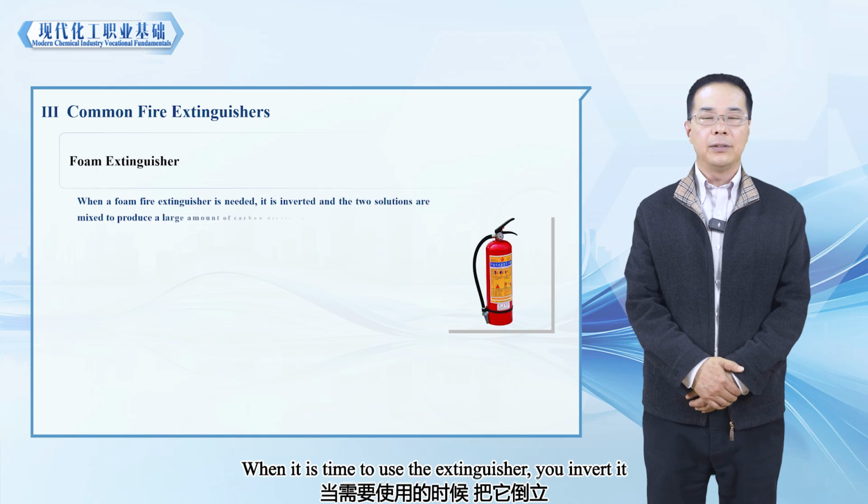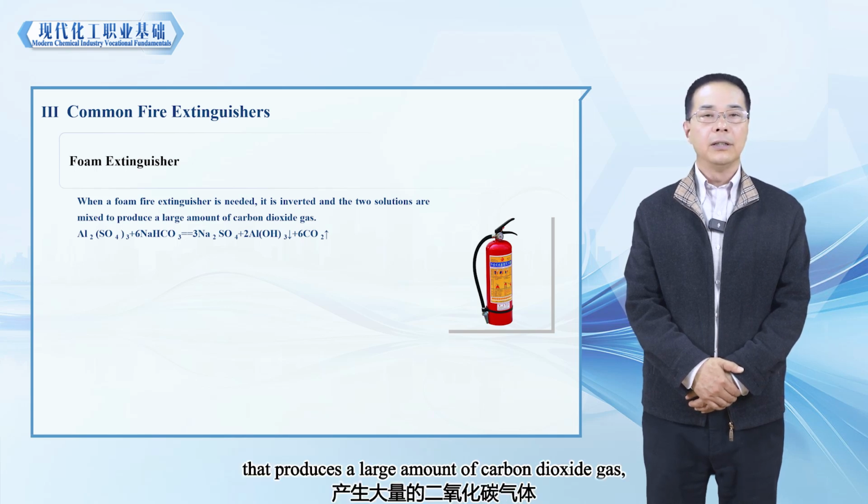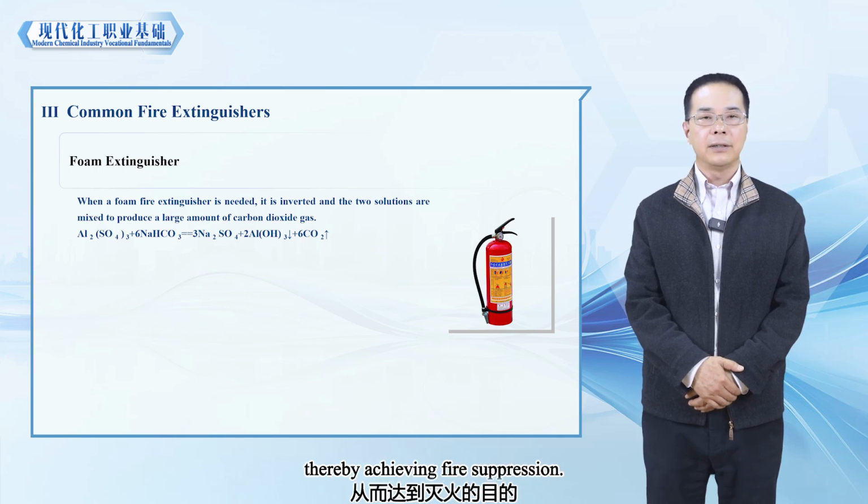When it is time to use the extinguisher, you invert it so that the two solutions mix, triggering a chemical reaction that produces a large amount of carbon dioxide gas, thereby achieving fire suppression.